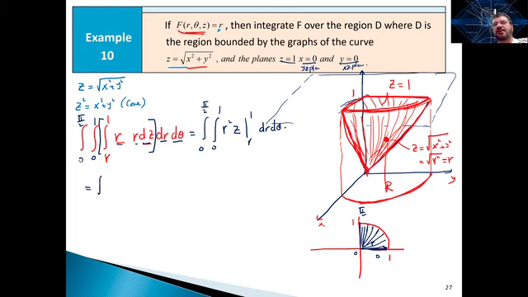Now what do we do? We plug the 1 first. Put Z as 1, you get 1 times R squared, which is R squared, minus, replace Z with R squared, which is R cubed, then dr d theta.